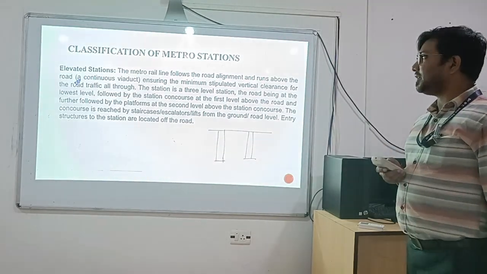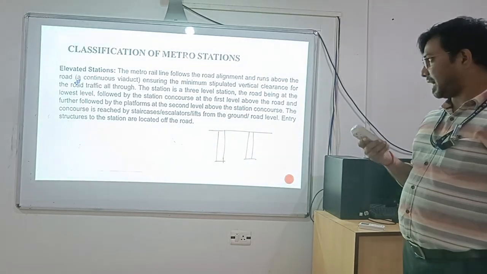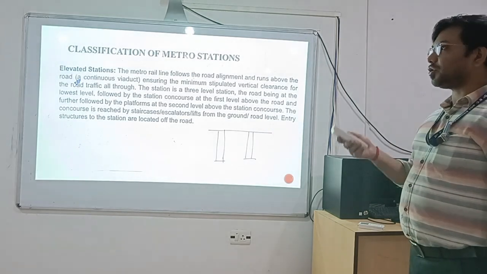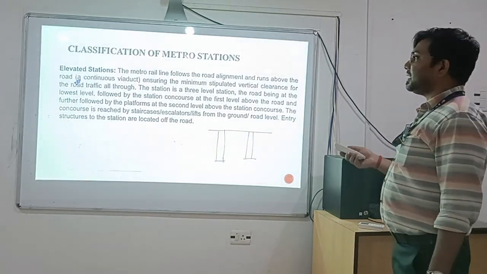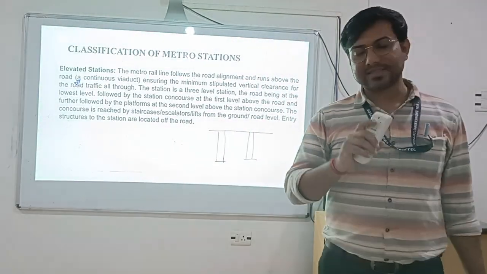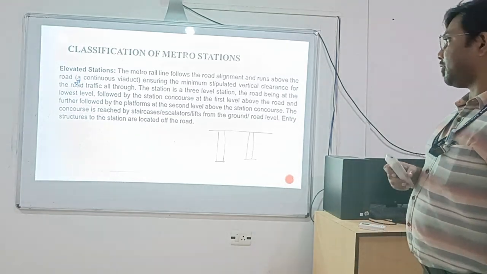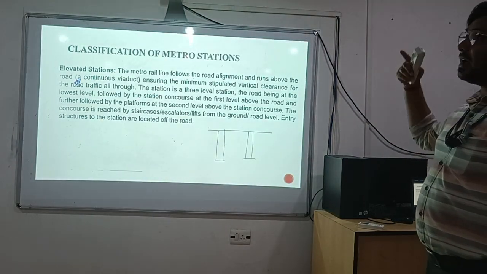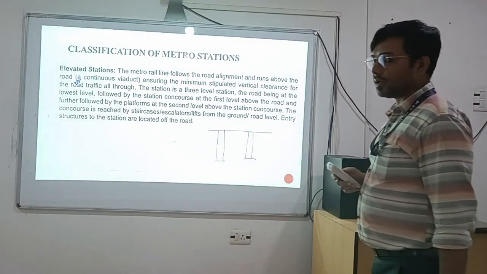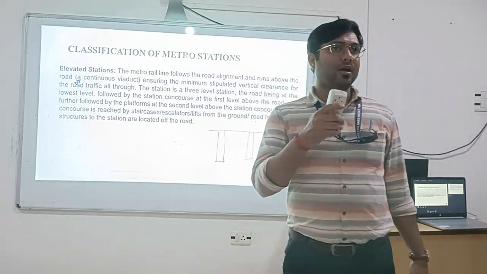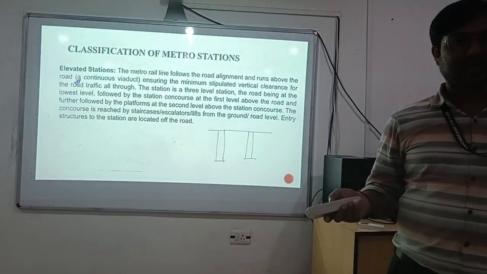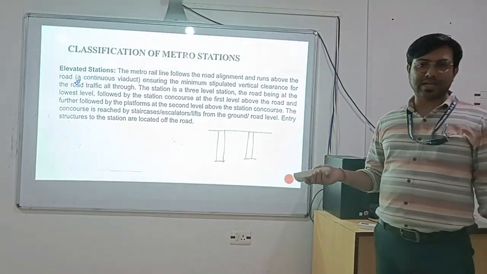So in this case of elevated station, as this is the elevated kind of route of the metro system, the station is also of the elevated kind. That means the platform part of the station is at a different level from the ground surface, and the passengers will reach the platforms through some mechanism, through the staircase or through the lifts or through the escalator.